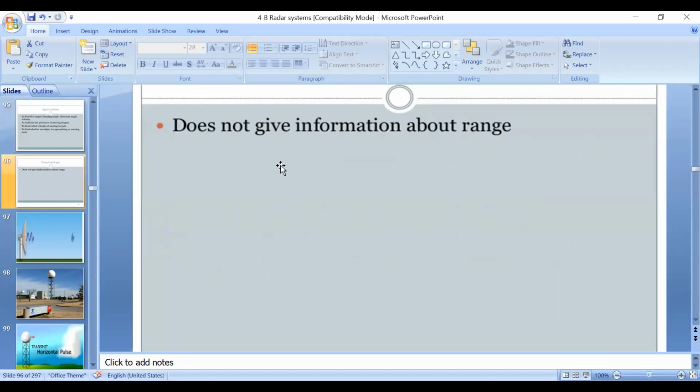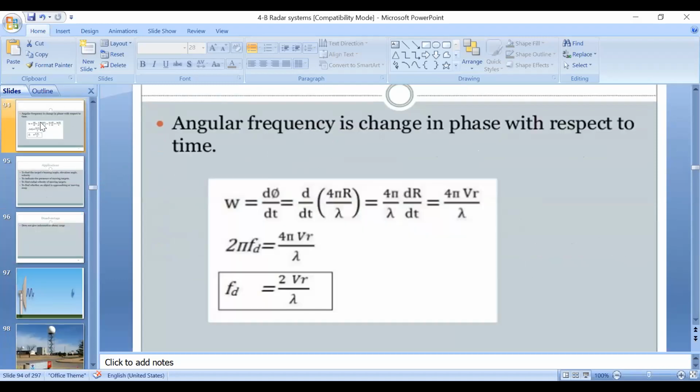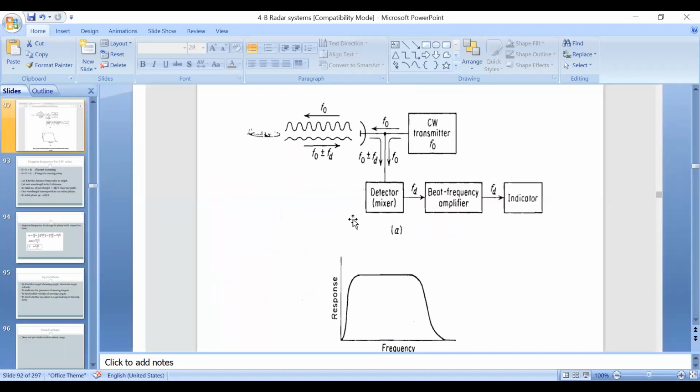And the main disadvantage of this continuous wave Doppler radar is that it does not give information about range. But in addition to this, this continuous wave Doppler radar has other disadvantages. I will explain those disadvantages. Actually, here we are using a single antenna for both purposes, transmitting and receiving, right?